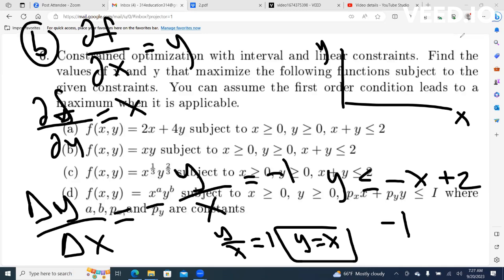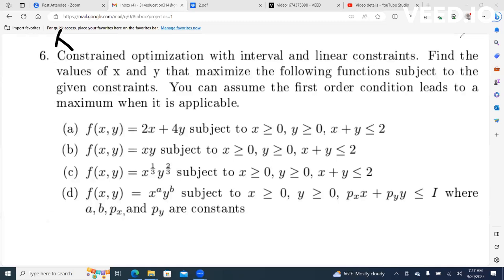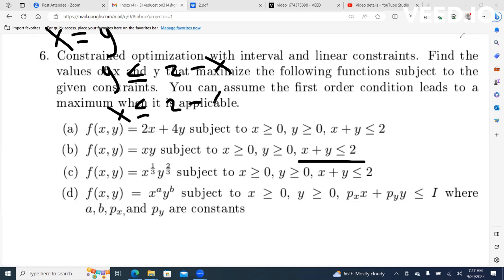That is our contour line's slope condition. If you set those two things equal, we get x equals y. This is our constraint: y is less than or equal to 2 minus x. So then just plug in, and we should get that x value.